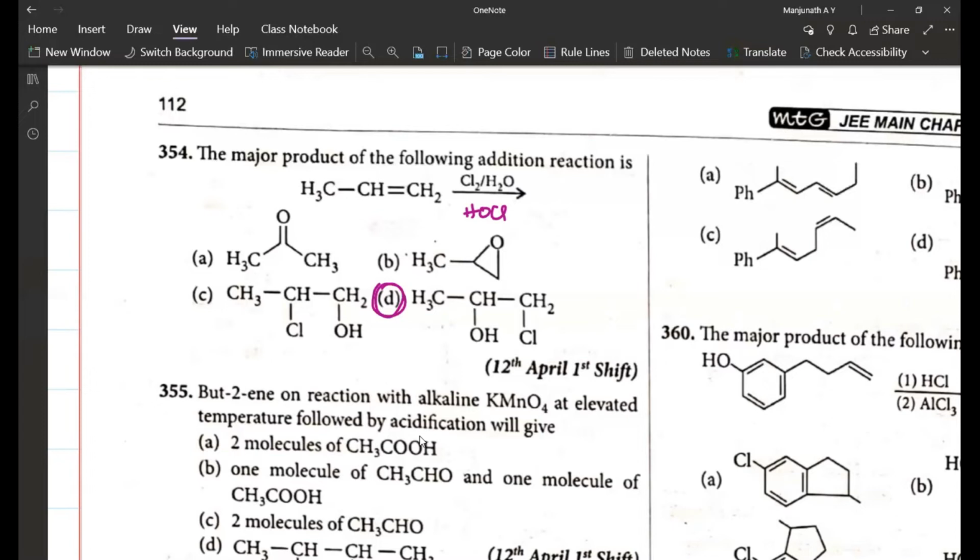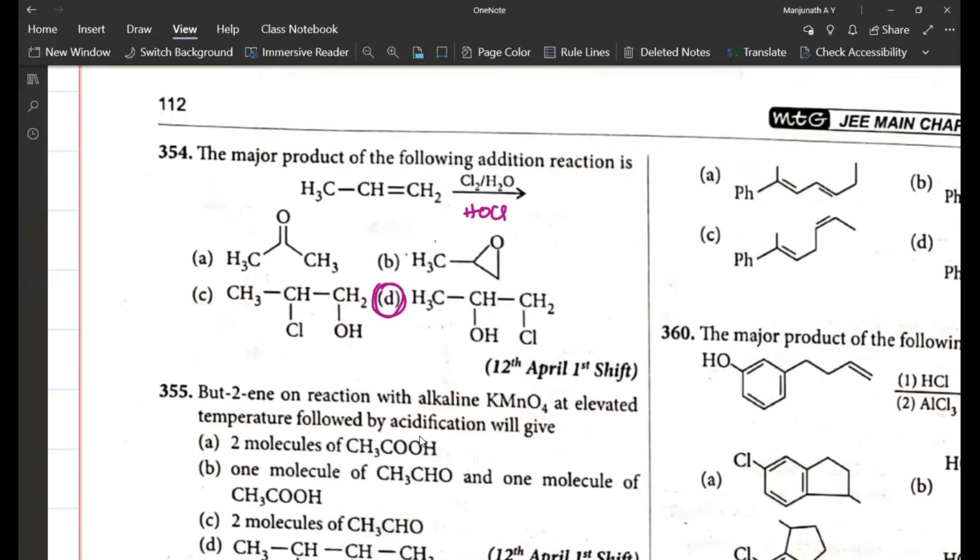Sir, I think it is option C. Oh, really? You have so many differences of opinion. I'm not able to understand why you took option D. You should think about why it should be.